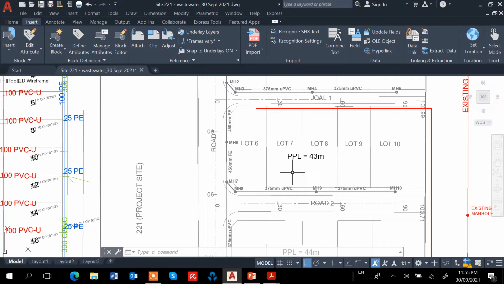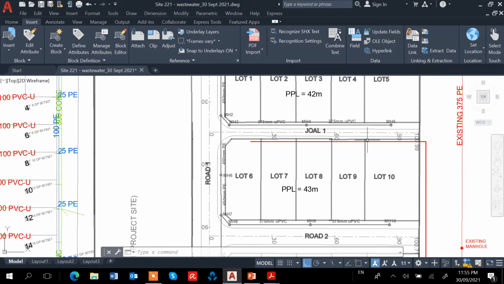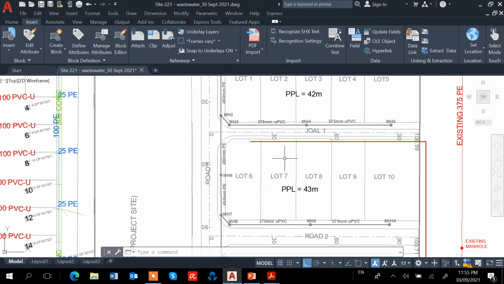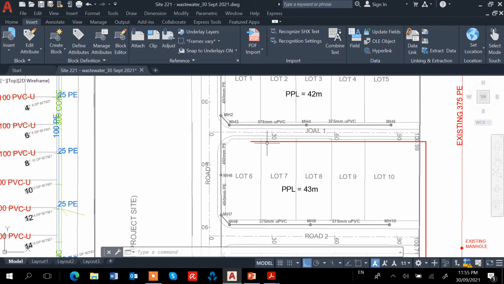Just bear in mind that I put it inside here, inside the lots, and the ground level, the proposed platform level above the sewer pipe will be 43.